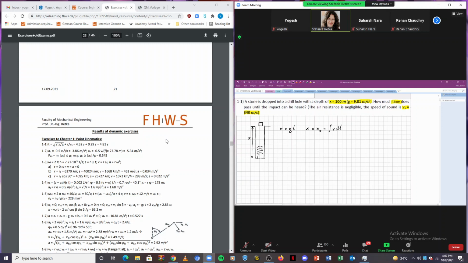At the beginning of our motion, our stone has not traveled any distance yet, so x0 is 0. And we can build the integral of g times t, which results in 1/2 g t squared.